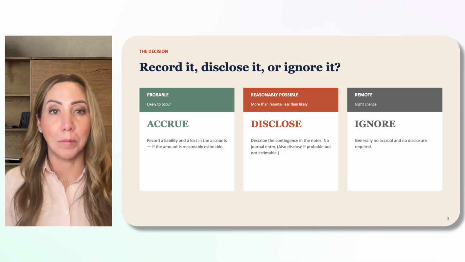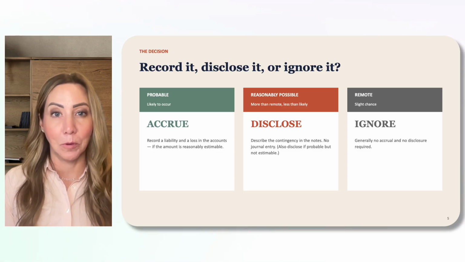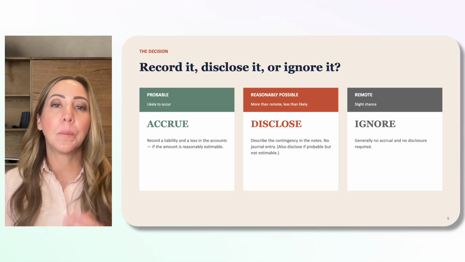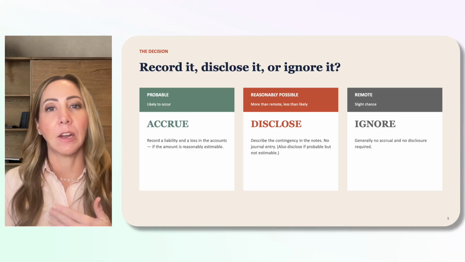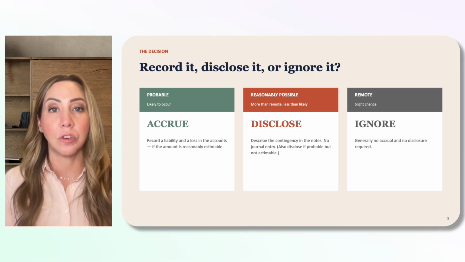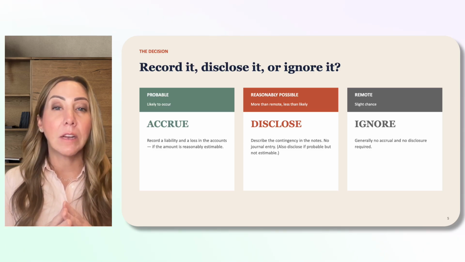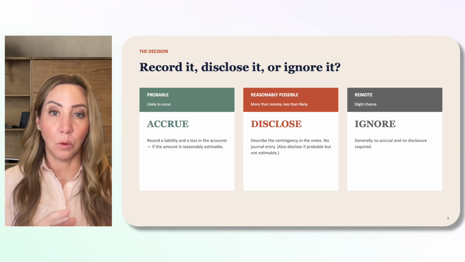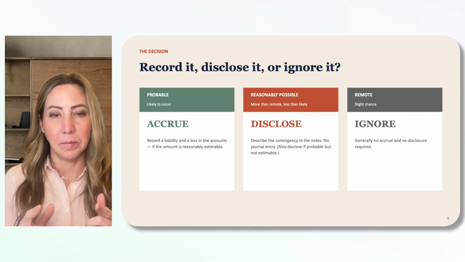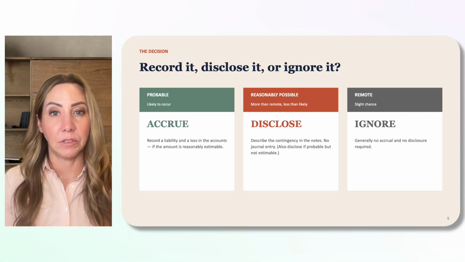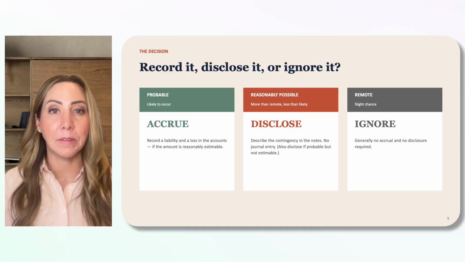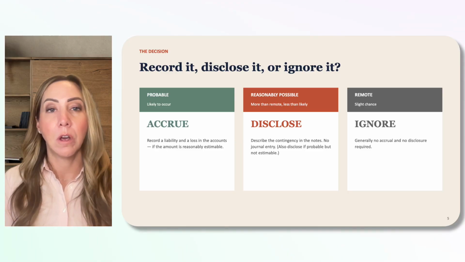If a loss is probable, that is very likely to occur, and the amount is reasonably estimable, then we accrue it. That means we record a journal entry by debiting a loss and crediting a liability, and the contingency will show up on our financial statements. If the loss is reasonably possible, more than remote but less than likely, somewhere between, then we disclose it in the notes to the financial statements. No journal entry, but we describe the situation so that the financial statement users are aware of it.